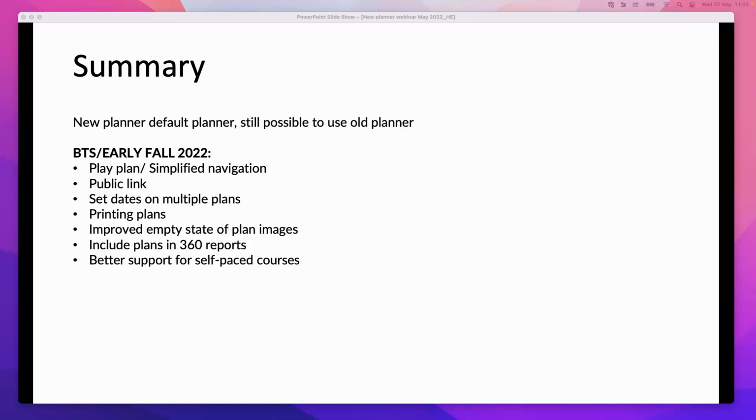And so the new plan, what we call it, this simplified navigation, will be a part of these two releases. This public link, setting dates on multiple plans, printing plans, improving the empty state of plan images, including plans in 360 reports, and also this better support for self-paced courses will come quite soon.